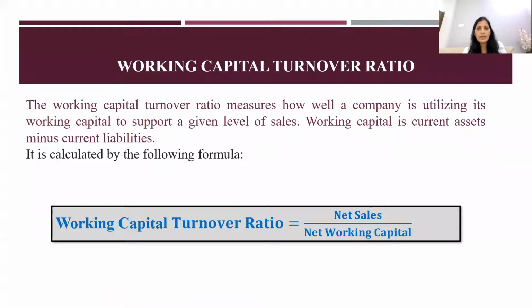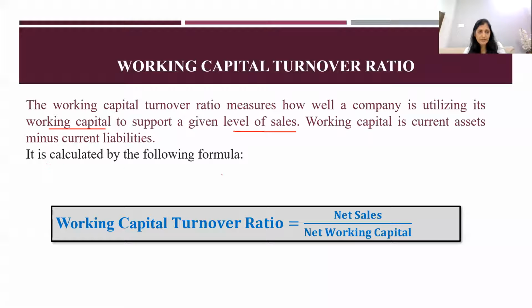Next one, working capital turnover ratio. The working capital turnover ratio measures how well a company is utilizing its working capital in support of a given level of sales. So here we are comparing working capital with sales. How is the sales generation? Working capital is current assets minus current liabilities. All of you know that.